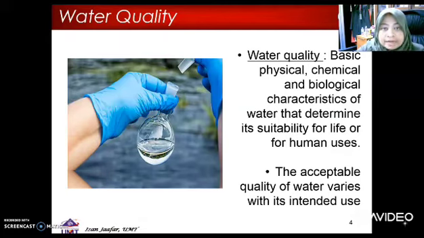It links the acceptable quality of water with its intended use. That's why we must have a standard limit to determine the quality of water that is safe to be used and consumed by humans and living things, of course.